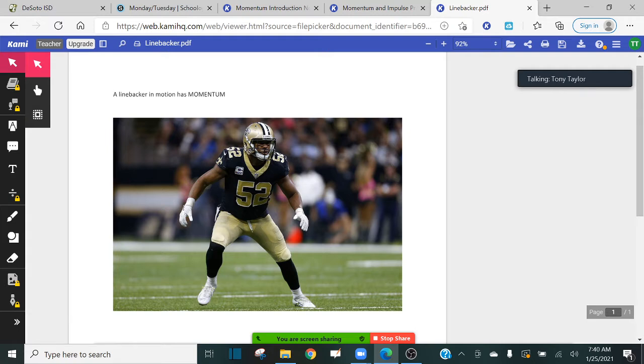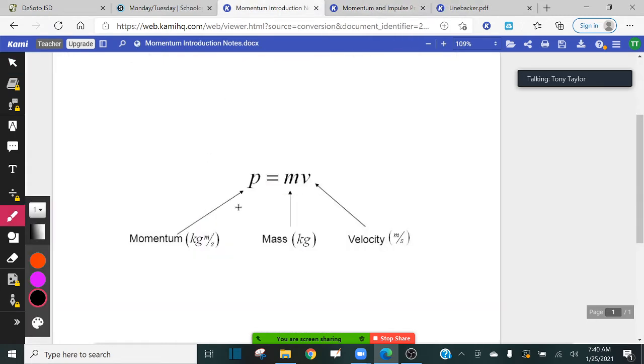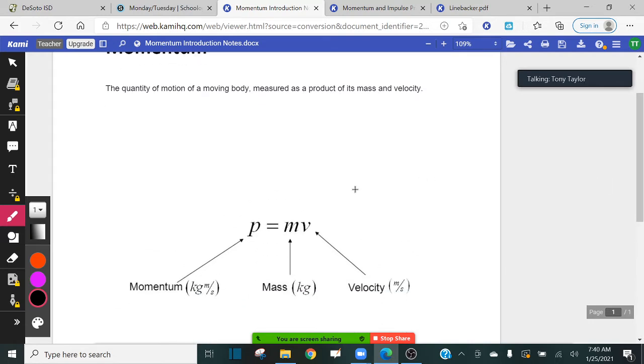If he's running very fast, he has a lot of momentum. If the linebacker is running very slow, he has a small momentum. So that's what momentum is. It's the quantity of motion. It's a numerical measurement of motion. And again, it's equal to an object's mass times velocity.